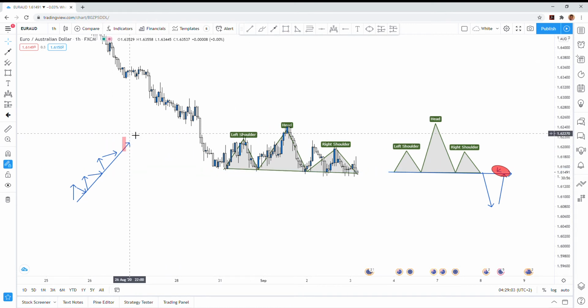I would not sell just because I've gotten a bearish engulfing. I have to wait for momentum shift. By momentum shift, I mean this trend line has to be broken first before you even consider taking your sales. Do you get what I mean?